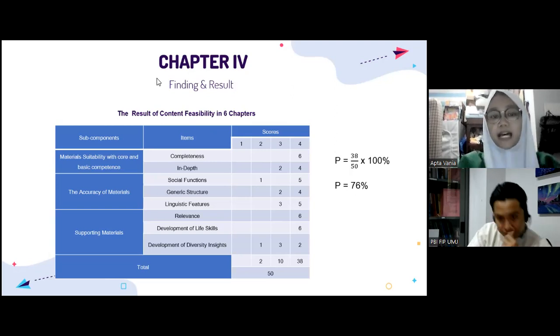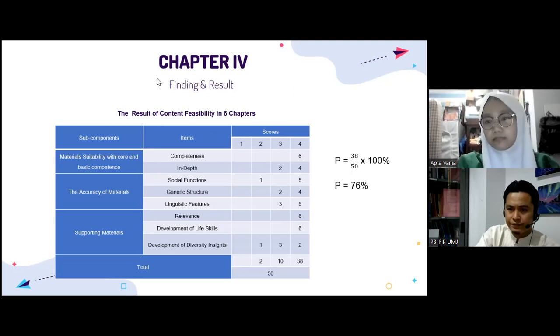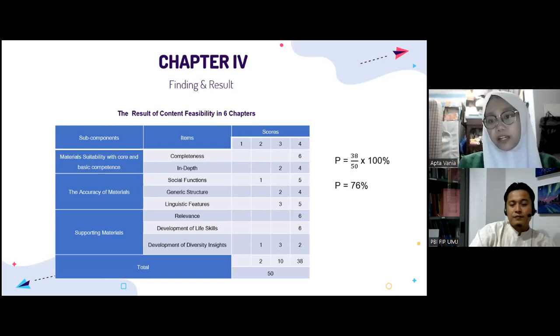And for the conclusion, I got this from Sugiyono. This is the step numerically.